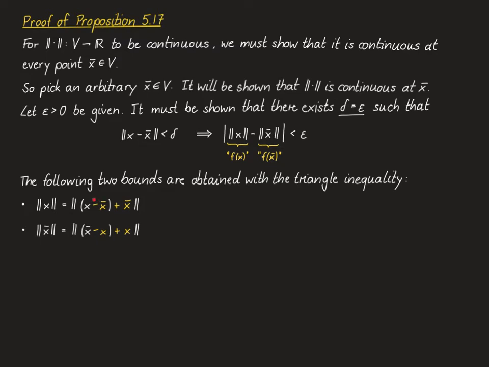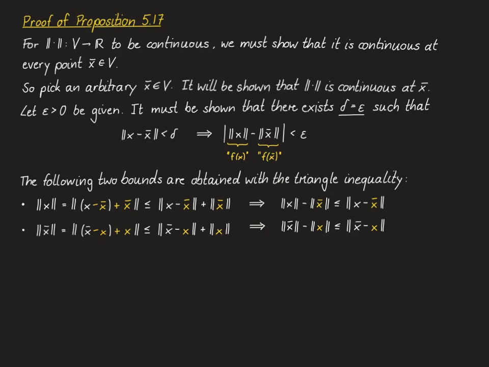And now we associate these two vectors respectively, and we use the triangle inequality to get these results. In the first case, we bring this term to the other side and obtain this inequality. And in the second case, we bring this term to the other side and obtain this inequality.